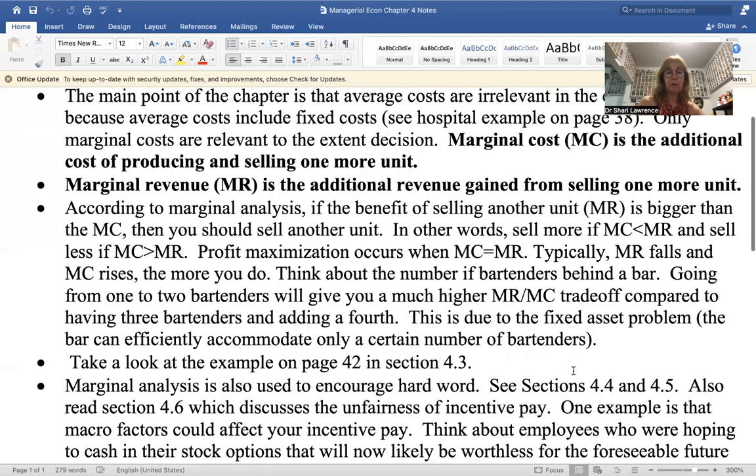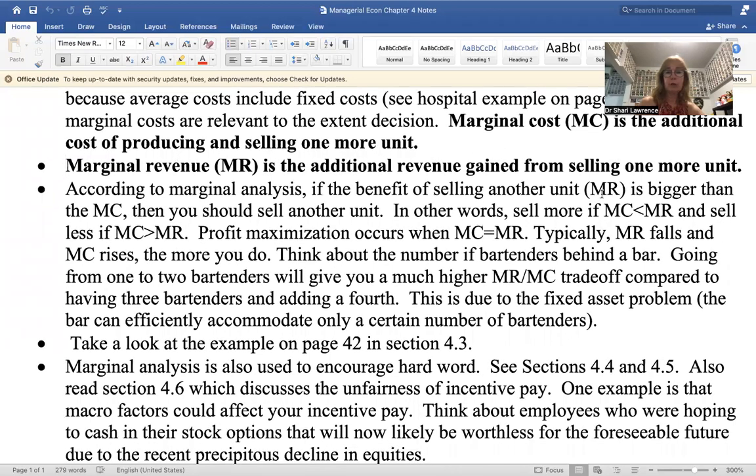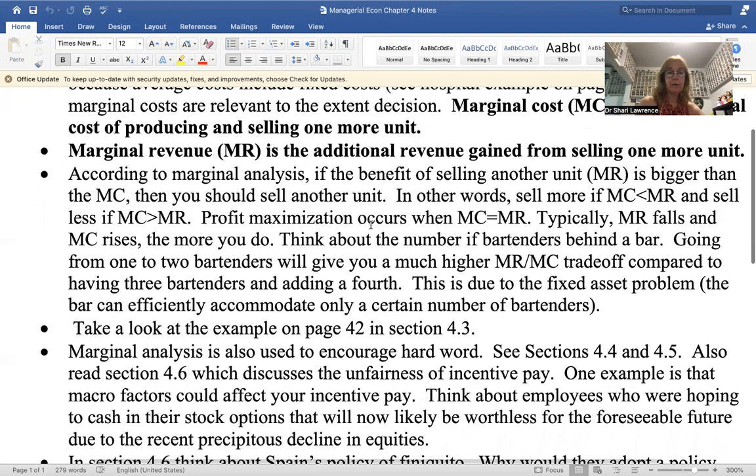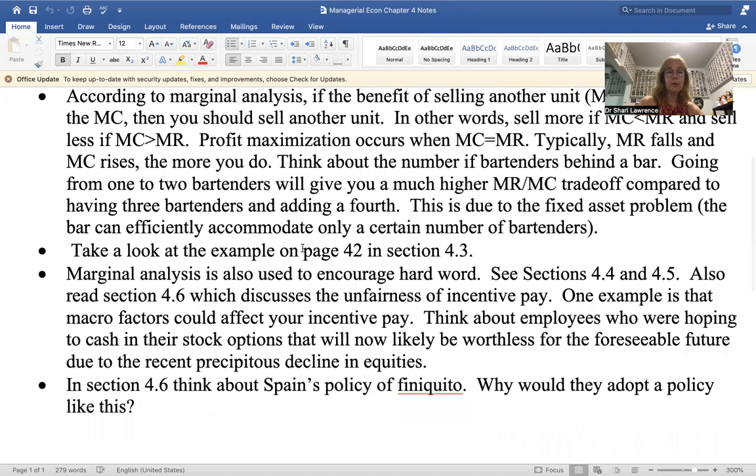All right, so this is the main point of the chapter, this section right here. All right, then also take a look at the example on page 42, and it deals with some manufacturing companies in Latin America. That's kind of an interesting example. Again, dealing with marginal revenue versus marginal cost.